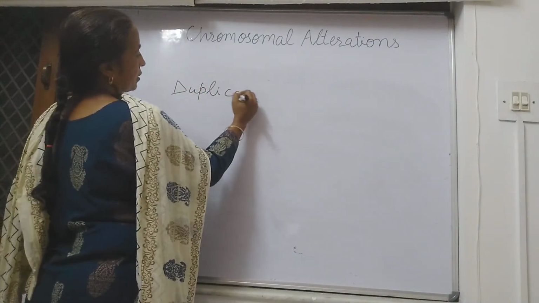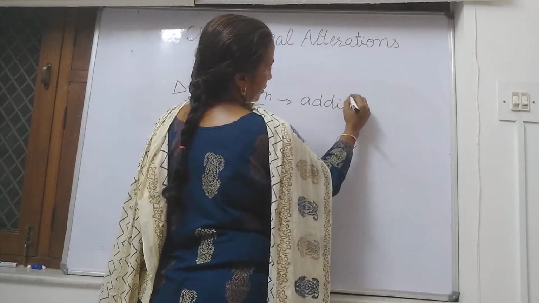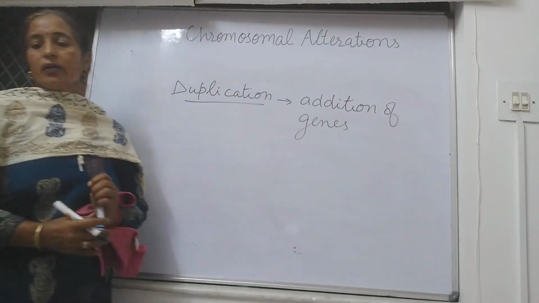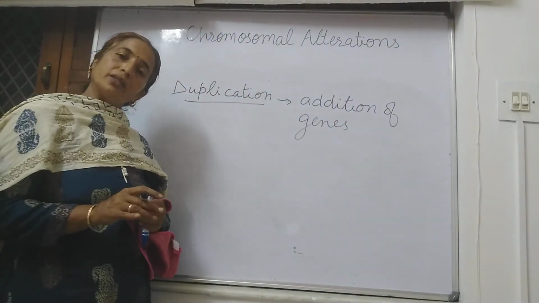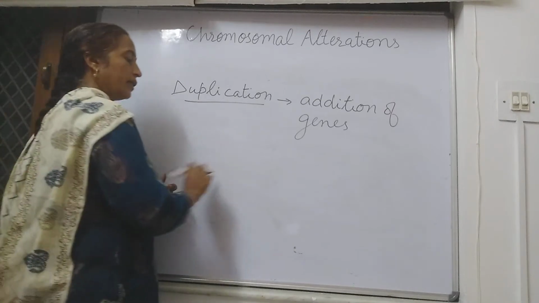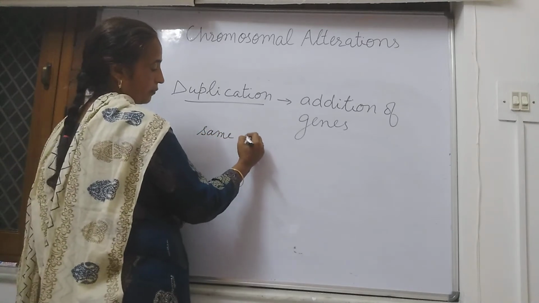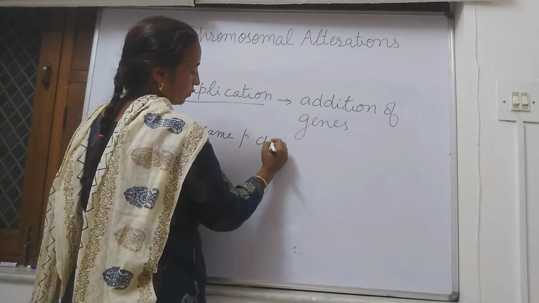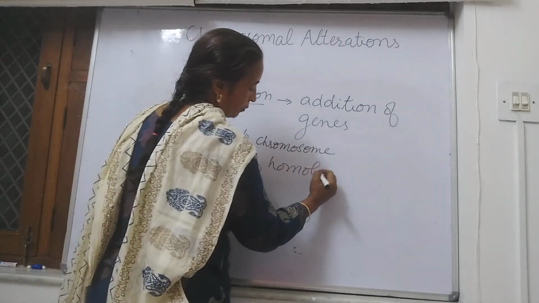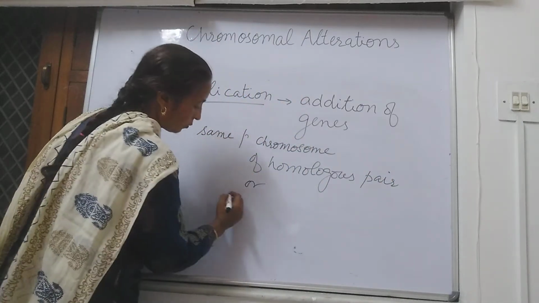In duplication, there is addition of genes, and genes are added either to the same chromosome of the homologous pair or to the other.